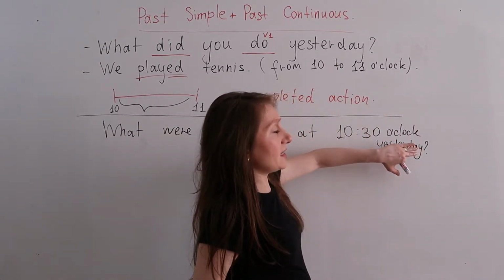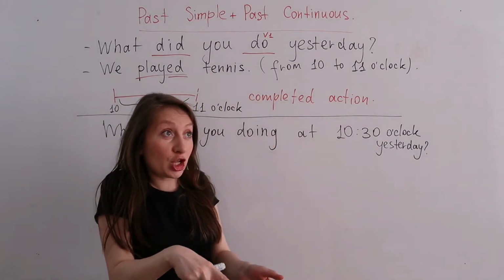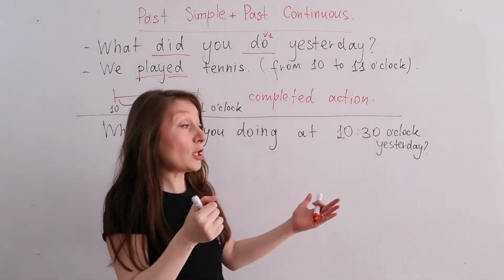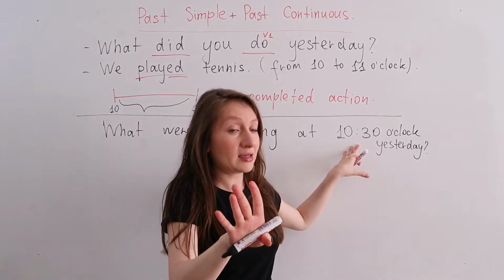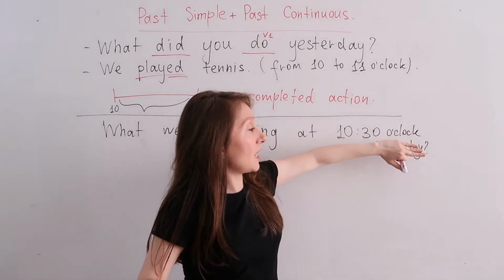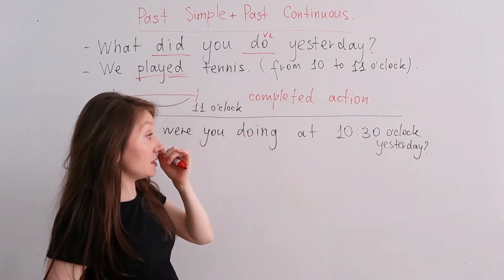It shouldn't be yesterday, it can be today actually. Now it's 6 o'clock in the evening. And what were you doing at 10:30 in the morning? It's also past. You can ask just at 10:30 or at 10:30 o'clock yesterday.